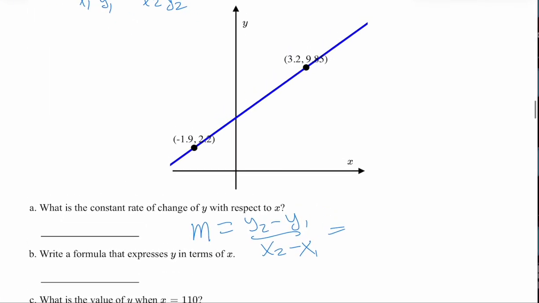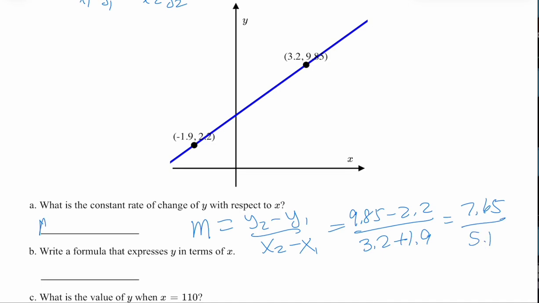So the change in y is just going to be 9.85 minus 2.2. So use your y values that you were given. So mine was 7.65. And then my x's would be 3.2 minus a negative 1.9, so change that sign. So 3.2 plus 1.9 is 5.1.